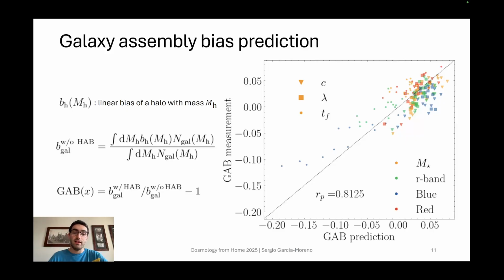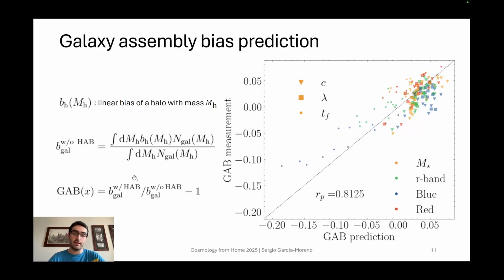However, this expression does not take into account halo assembly bias. To do that, we need to add a term of the form of 1 plus the halo assembly bias fraction, which ranges between -1 and 1.